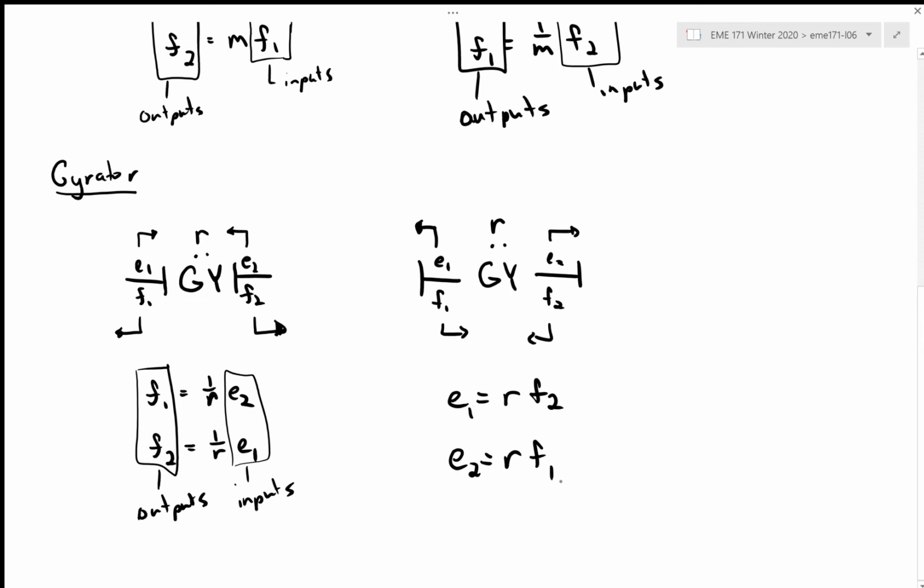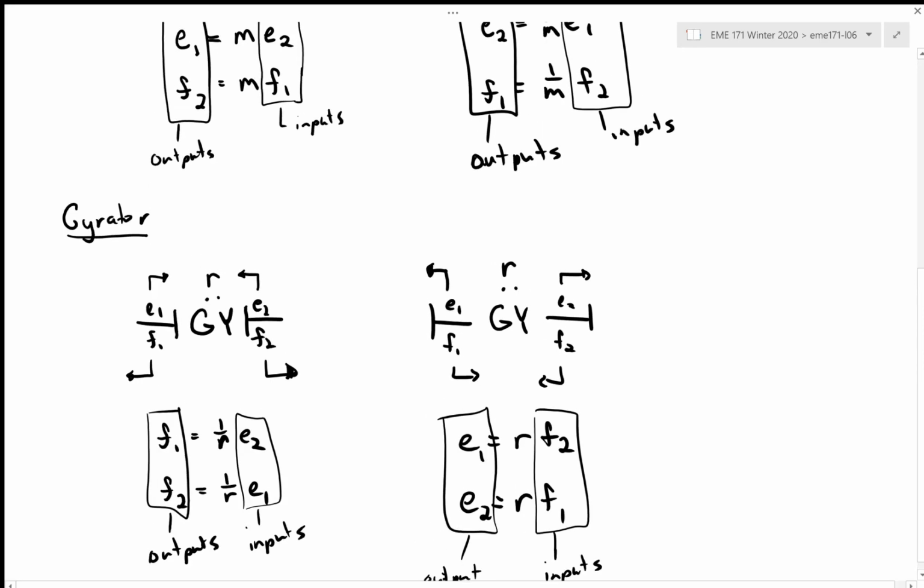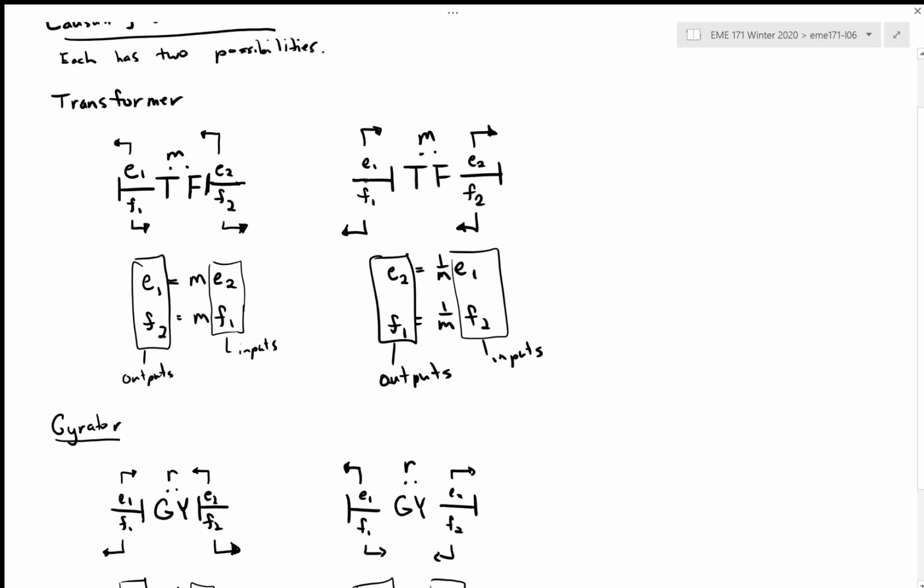So the gyrator has this relationship between the efforts and the flows that sets up this input-output connection, where a flow input will make an effort output, and vice versa. Effort inputs are going to make flow outputs. Right? So you can see how the gyrator is sort of the inverse of the transformer.